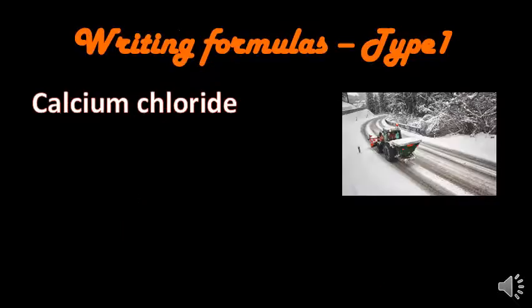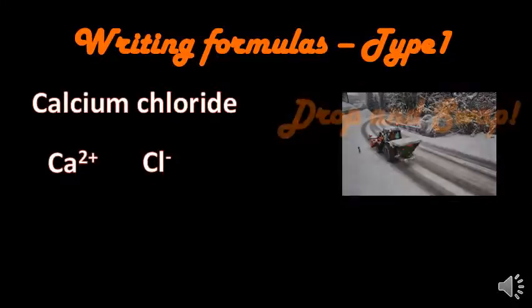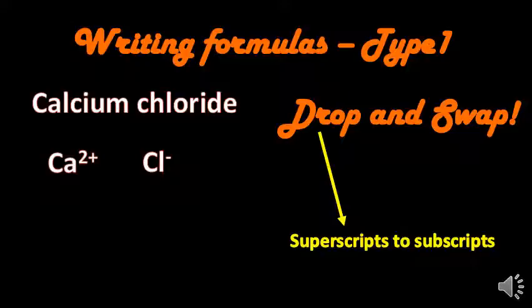There's two ways we can learn to write the formula of a type 1. The first way is, first, we simply have to identify the ions. So here we have the calcium ion and then the chlorine ion. Then the second step that we're going to do is called drop and swap. Drop means our superscripts, our charges, are going to be dropped to subscripts.